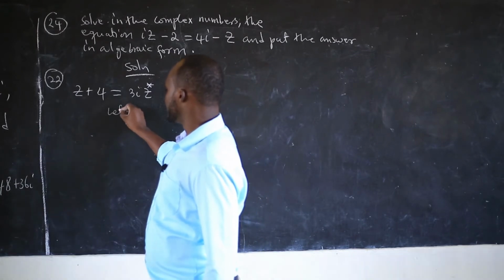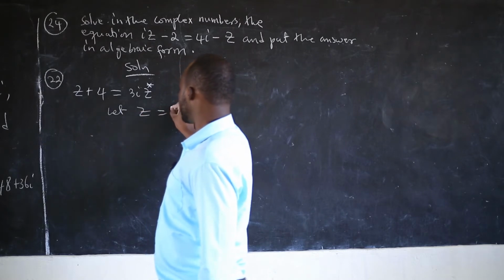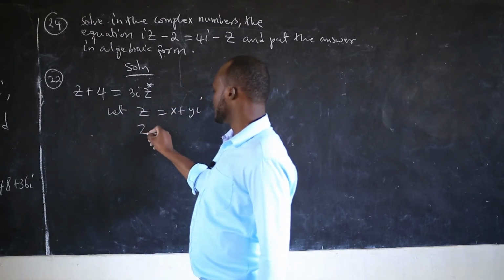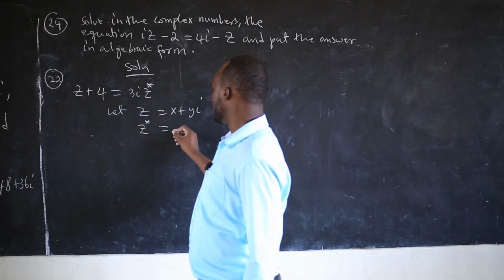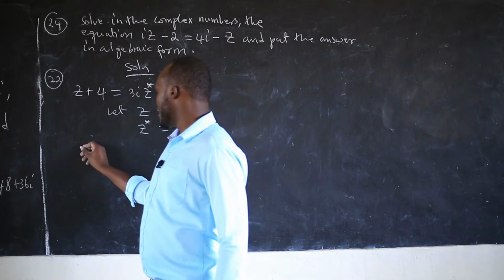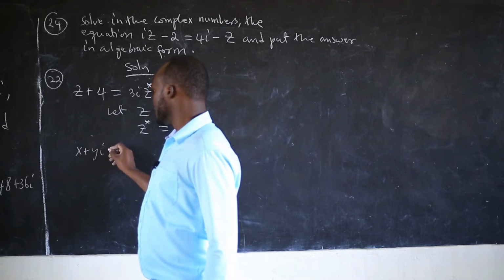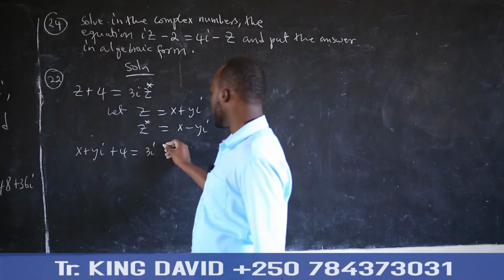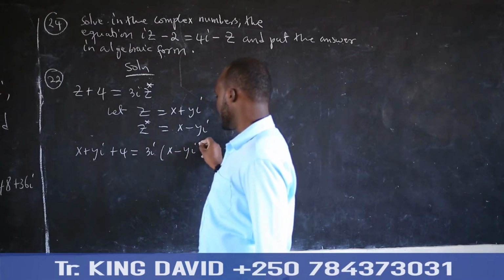So we let z to be x plus yi. That means the z conjugate will be equal to x minus yi. Which means that x plus yi plus 4 will be equal to 3i into bracket x minus yi.